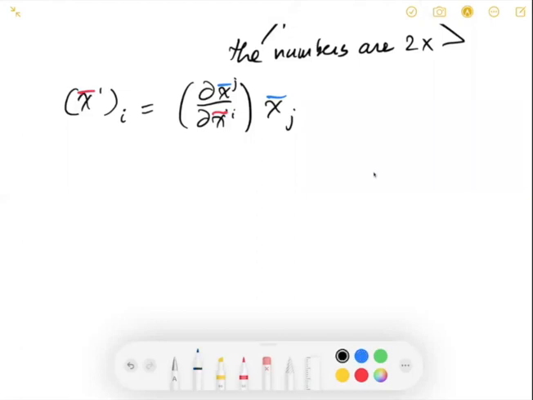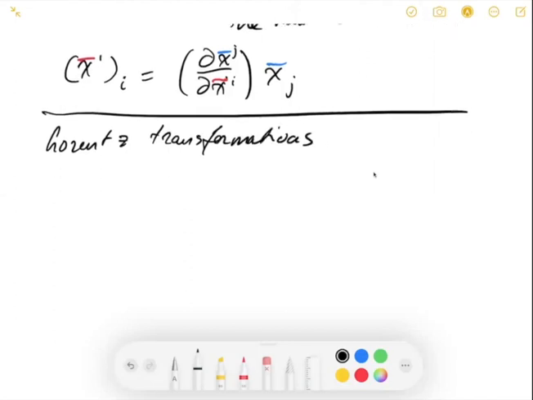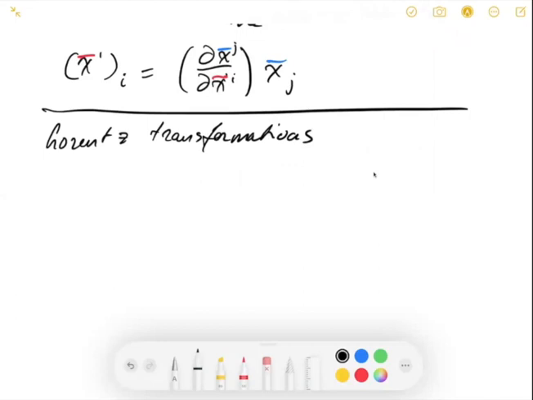So now on to Lorentz transformations. In this case, we had a Lorentz transform where we went from, let's say, S to S prime. Then in S prime, the new coordinates would be x prime mu.